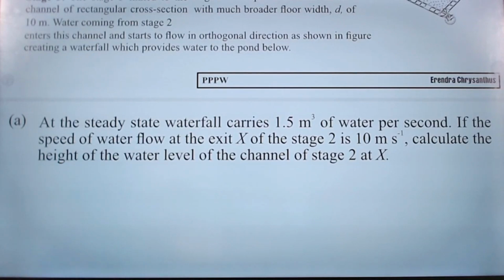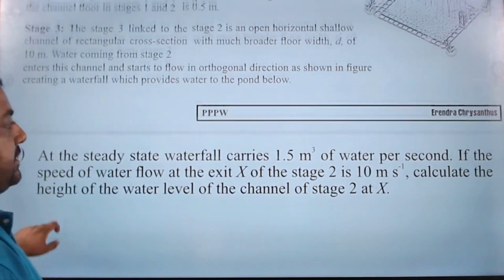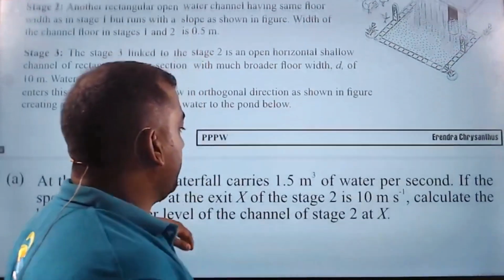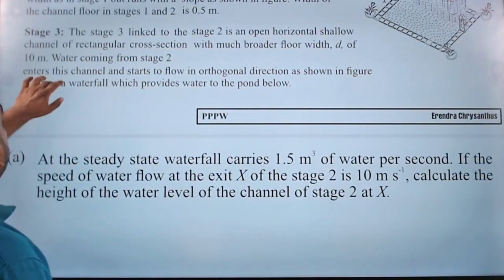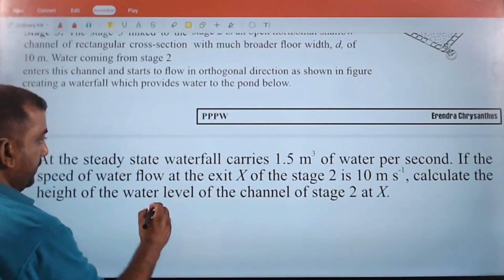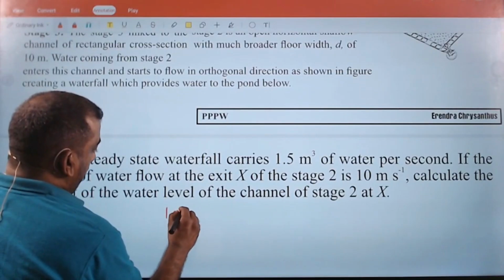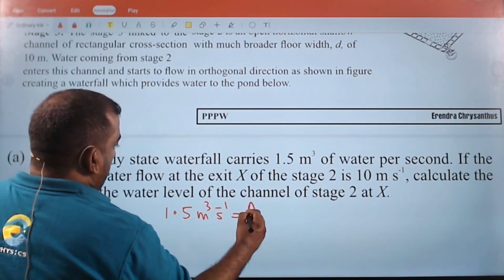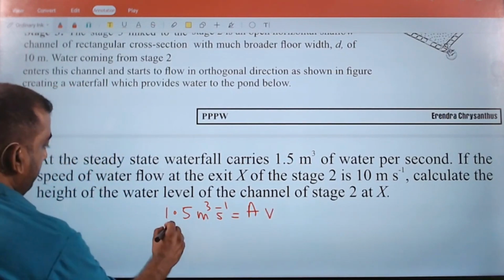At steady state, the waterfall carries a volume of 1.5 cubic meters per second. Speed of water at exit is 10. Calculate the height of water. So volume flow rate 1.5 cubic meters per second is area into velocity.